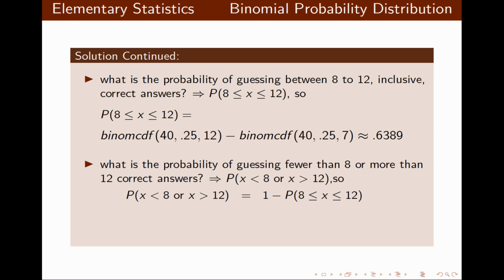So I'm going to subtract what is in between from total probability 1, and that will do the trick for us, which is 1 minus probability that x falls between 8 and 12 inclusive. Using the previous answer, the final answer is 0.3611.